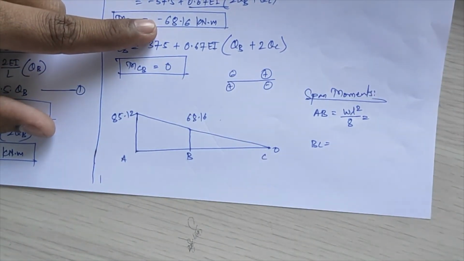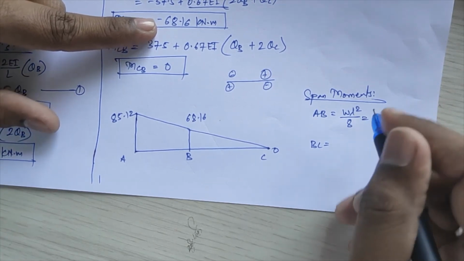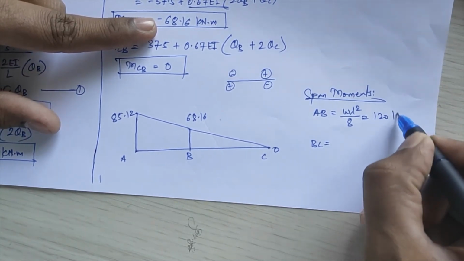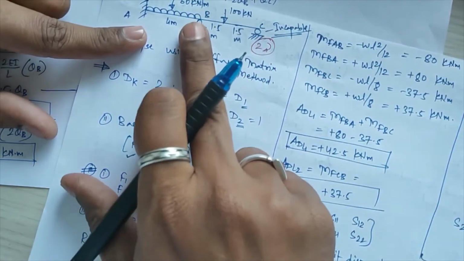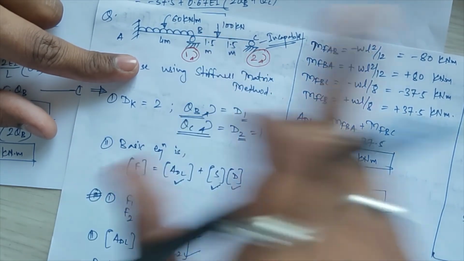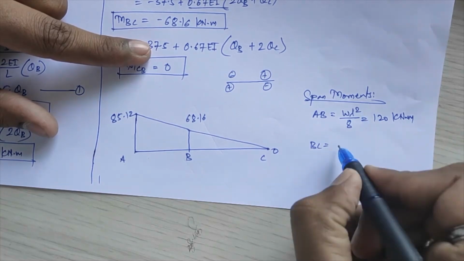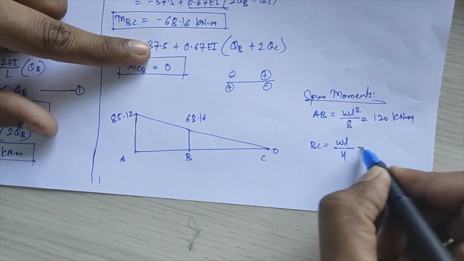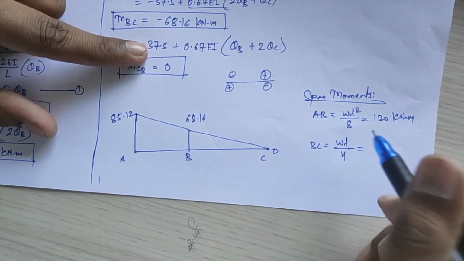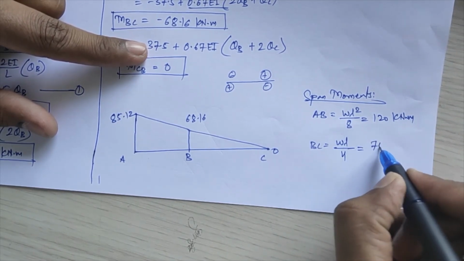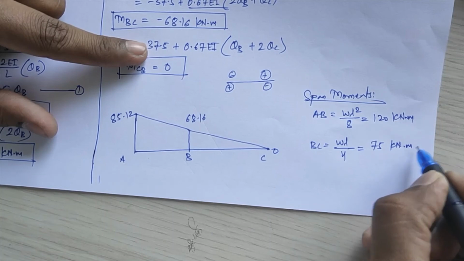So 60 into 4 square divided by 8, I am getting that equal to 120 kilonewton meter. And in span BC, a central point load is provided, so for a central point load this value comes equal to WL by 4. W is 100, L is 3. So 100 into 3 divided by 4, I am getting this value as 75 kilonewton meter over there.